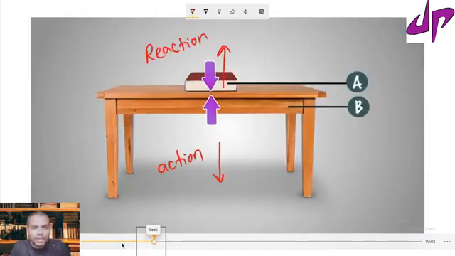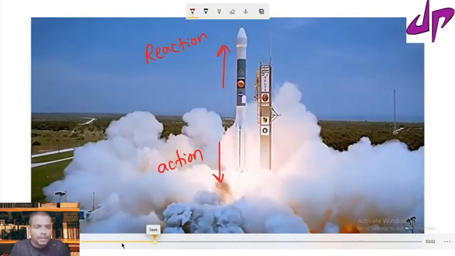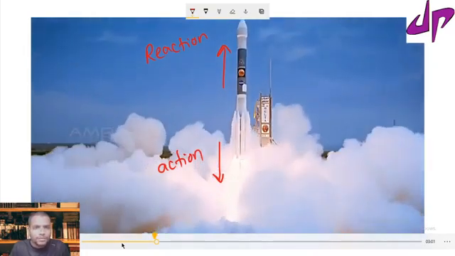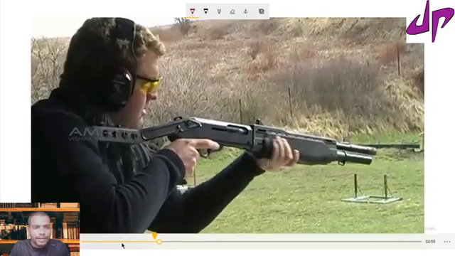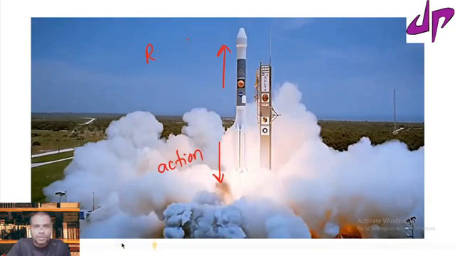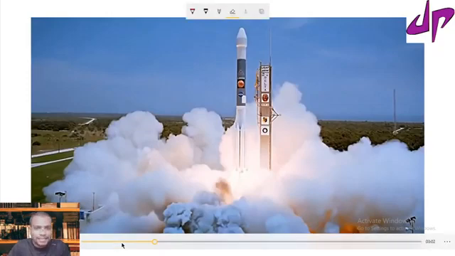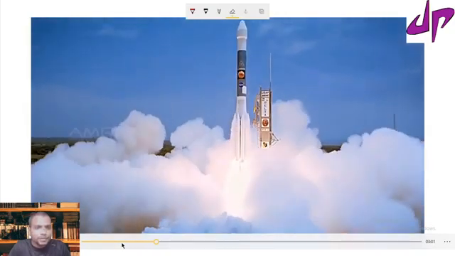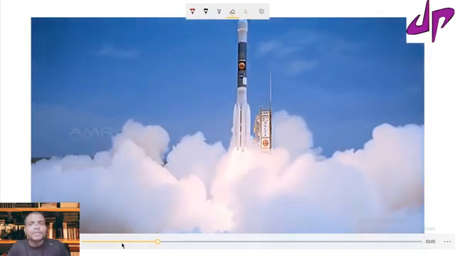This shows action and reaction. We can observe that one more time: the rocket is moving forward, that is the reaction, and the fire is pushing backward, that is the action. So the rocket works on the principle of Newton's third law.